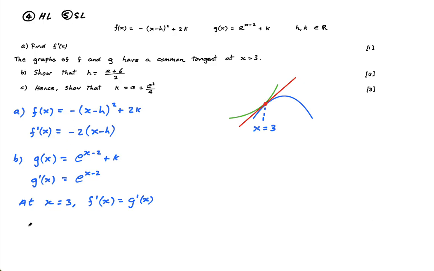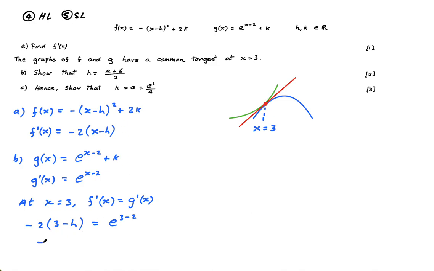So I'm going to make that equation. Minus 2 times, sorry, 3 minus h, so I'm subbing 3 in here, equals, I'm subbing 3 in here, e to the power of 3 minus 2. And what do I want to show? That h equals (e plus 6) over 2. So let's multiply this out.